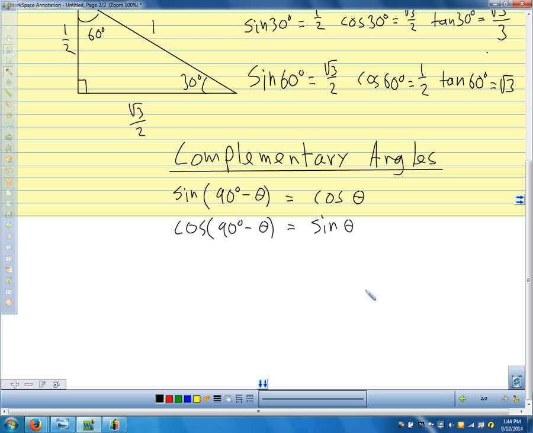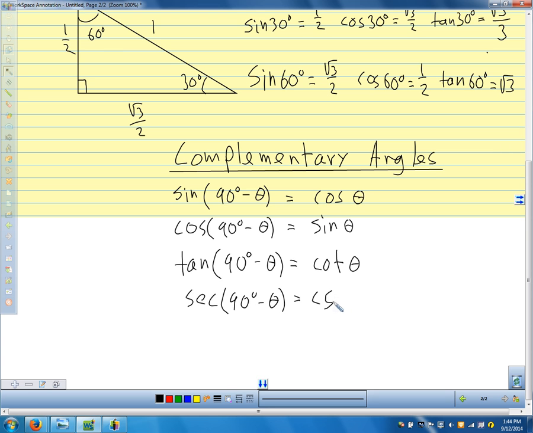We can do the same thing for tangent. Tangent of 90 degrees minus theta is the cotangent of theta, the cofunction. We can do the same thing for the secant and the cosecant. And I can do these in both directions.